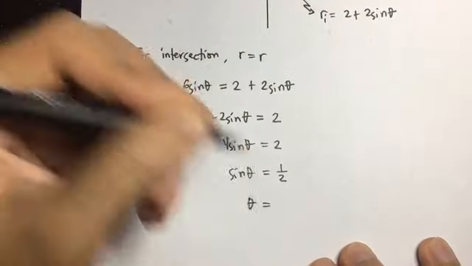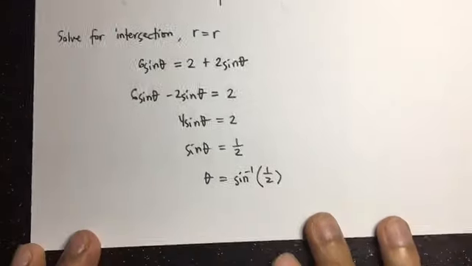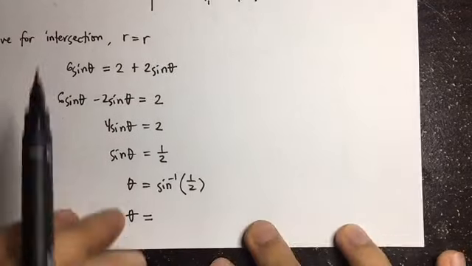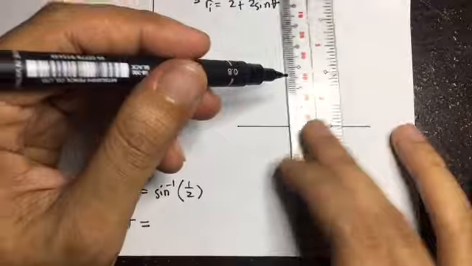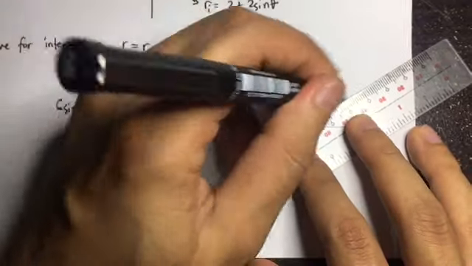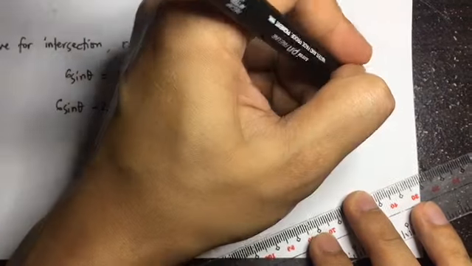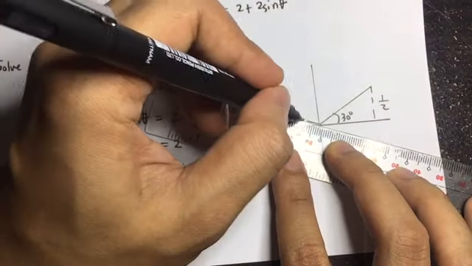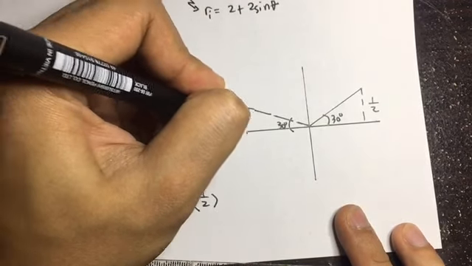So theta is equal to arc sine of 1/2. The first is in the first quadrant, that is 30 degrees, and its sine is positive 1/2. The other one is in the second quadrant, which is also 30 degrees from the axis, and its sine is also 1/2.